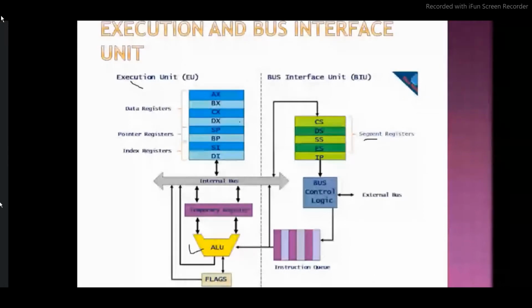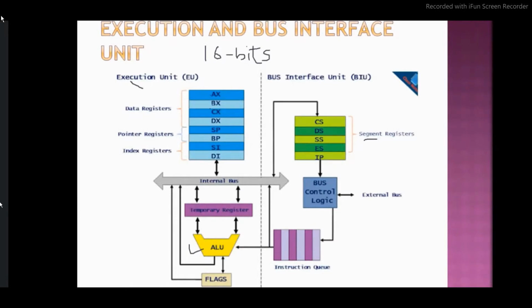Remember, all the registers in the 8086 microprocessor are of 16 bits, and the data registers can be divided into one 8-bit part and another 8-bit part. For AX, the lower part is called AL and the higher part is called AH.